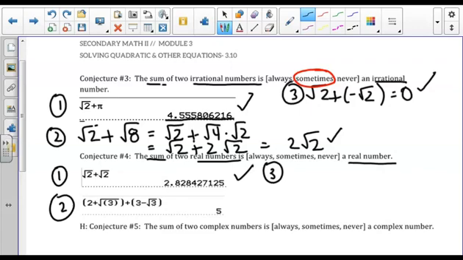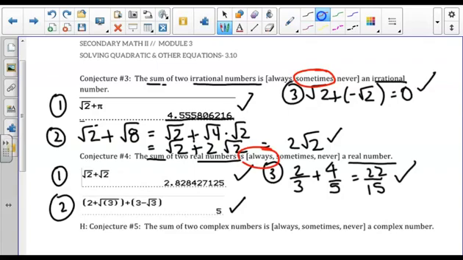Moving to another example, if we take two real numbers, 2 plus root 3 plus 3 minus root 3, we'll get 5, and 5 is a real number. If we take 2/3 plus 4/5, which is 22/15, that is a rational number. So that is also a real number. So we would say that this is always true.